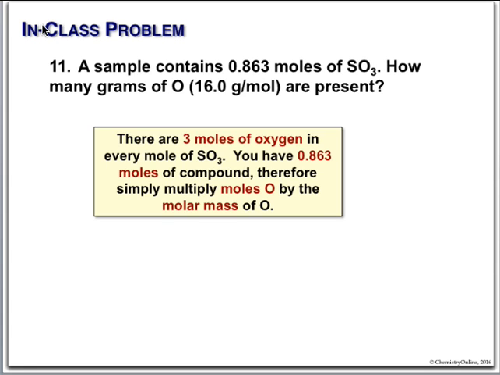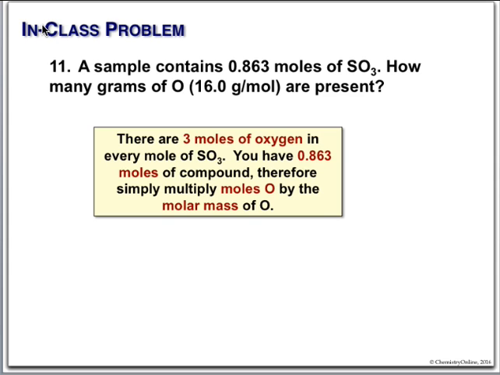So we're going to multiply moles of oxygen by the molar mass of oxygen. There are three oxygens in every mole of compound, so that's going to be 3 times that. That will give us how many moles of oxygen we have. And we know that every mole of oxygen weighs 16.